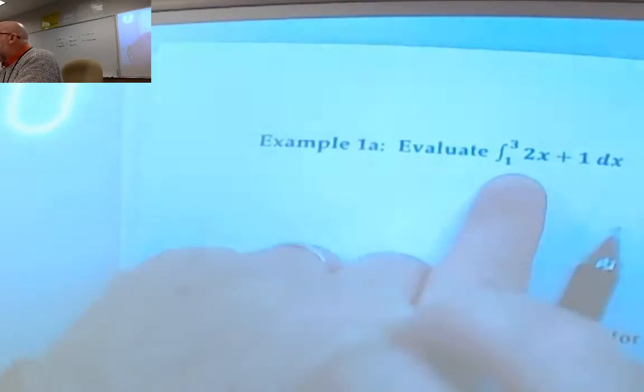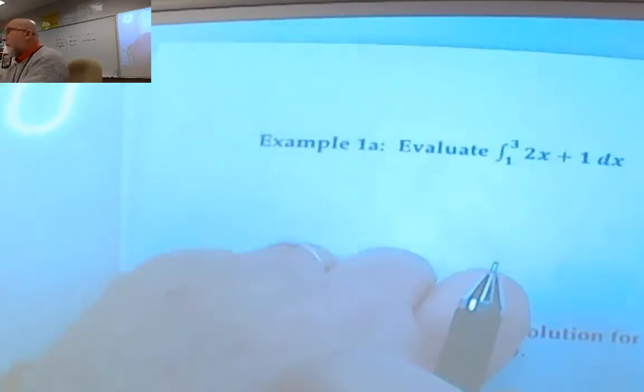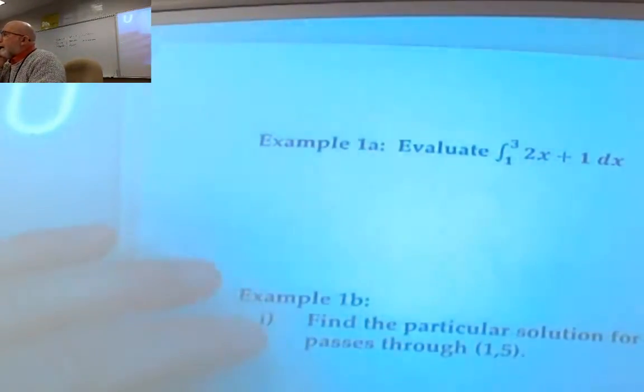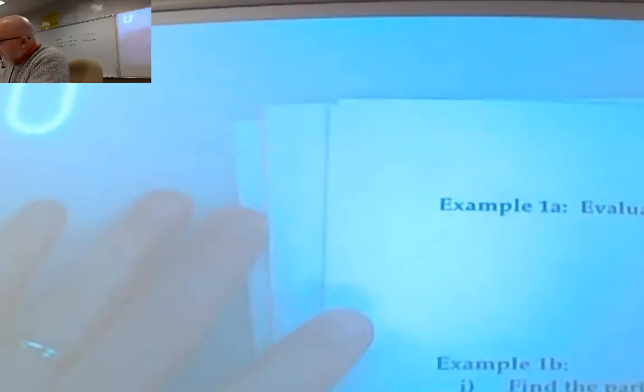Which one do you want? What do you, okay, elaborate on that. We want the exact area. We don't want a closeness. Okay, we can do it limit-wise, okay? So tell me how to start.